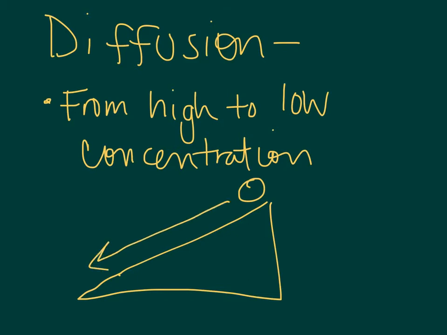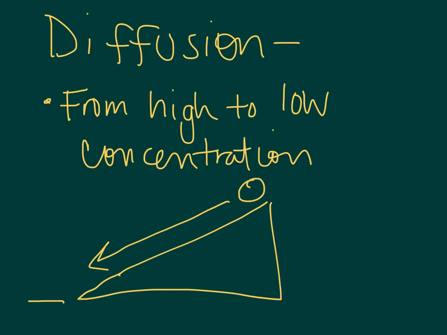Down the inclined plane until it reaches a level surface and then stops. Diffusion is the same thing. Molecules move from high to low naturally, with no energy required. This requires no energy at all. It just happens until it reaches equilibrium, and then it stops.